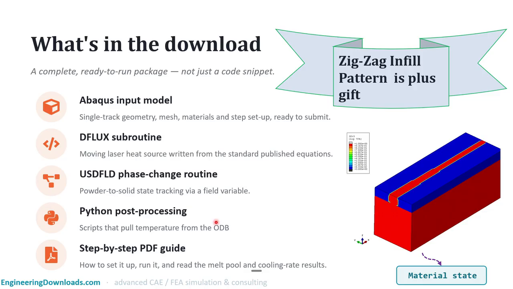Fourth, a Python post-processing script that pulls temperature data straight from the ODB. And finally, a step-by-step PDF guide that walks you through setting it up, running it, and reading the melt pool and cooling rate results.